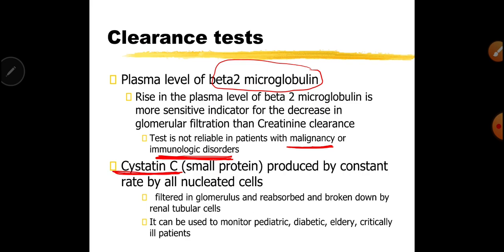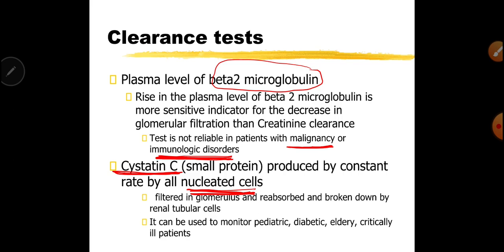Another modern test that is used for the evaluation of the clearance test is called cystatin C. This small protein is also produced by nucleated cells, and this protein should be cleared by the kidney in the urine. Any elevation of cystatin C in the blood may indicate a change in the kidney function that is related to the clearance test.